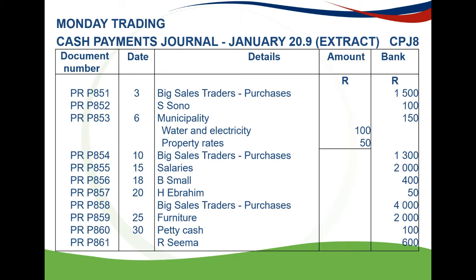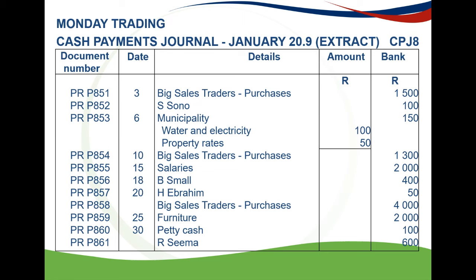Then they provide us with the cash payments journal for January 20.9. Here again, we can see all the transactions which were recorded during the month. And there we will see on the third, purchases.